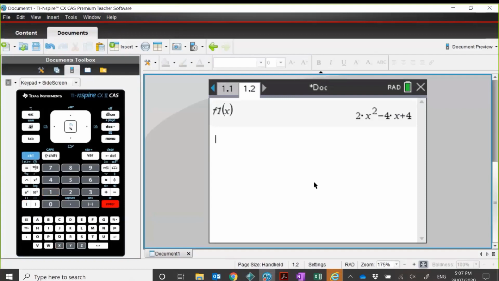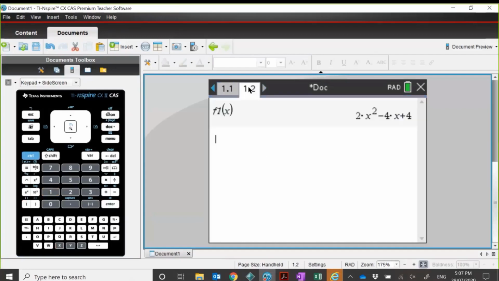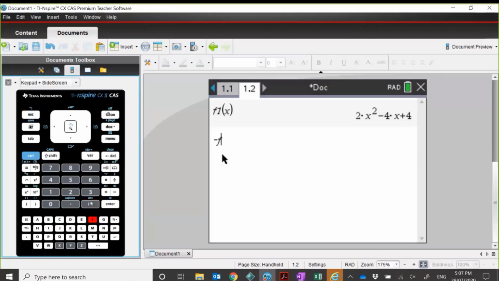Now I can do what we just did in the previous screens, put in the negatives. So if I go negative function 1, evaluated at negative x, because I've got 2 reflections there, hit enter, there is my new parabola.